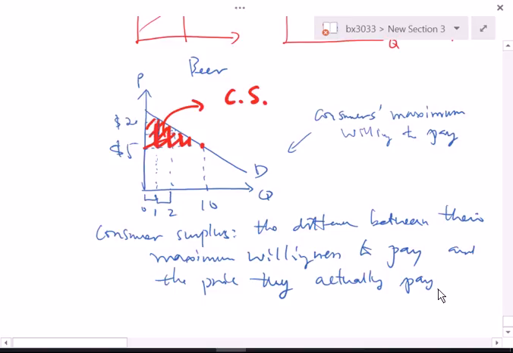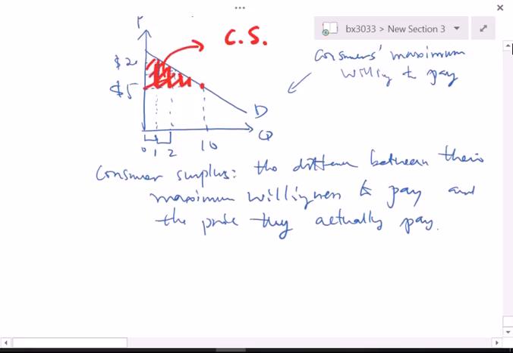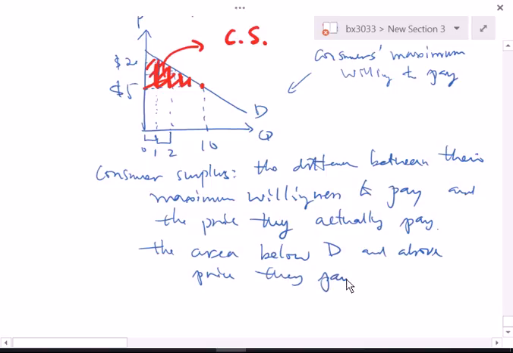In terms of the diagram, it is the area below the demand curve and above the price the consumer pays. It is this triangle, this green triangle. So that's consumer surplus.